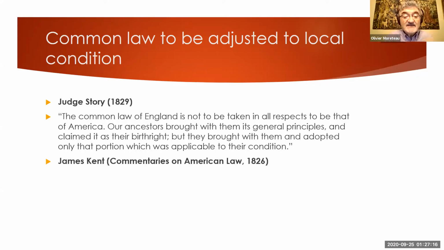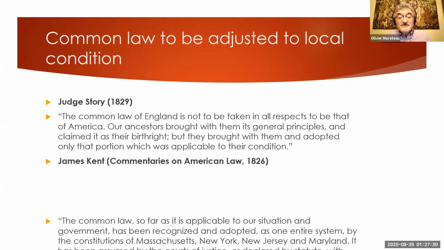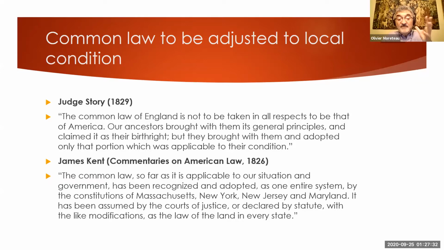James Kent, who wrote in 1826 some commentaries on American law, a sort of American sequel to Blackstone's commentary on English law, also said that the common law, so far as it is applicable to our situation and government, has been recognized and adopted as one entire system by the constitutions of Massachusetts, New York, New Jersey, and Maryland.